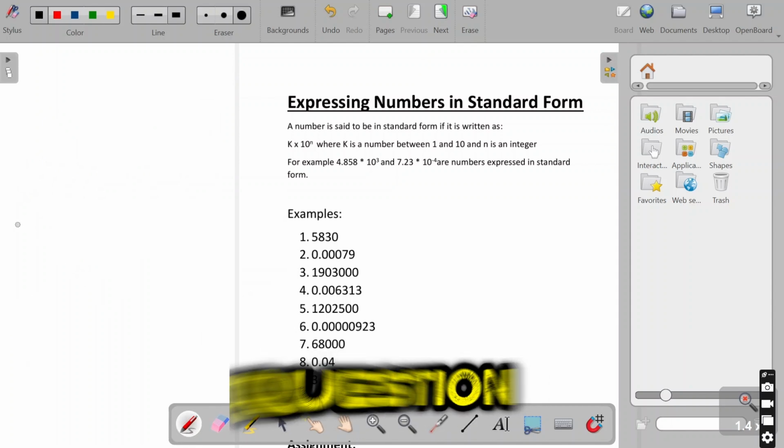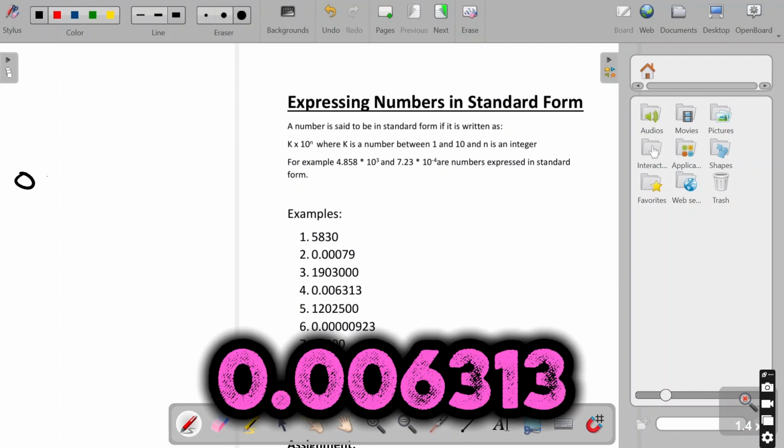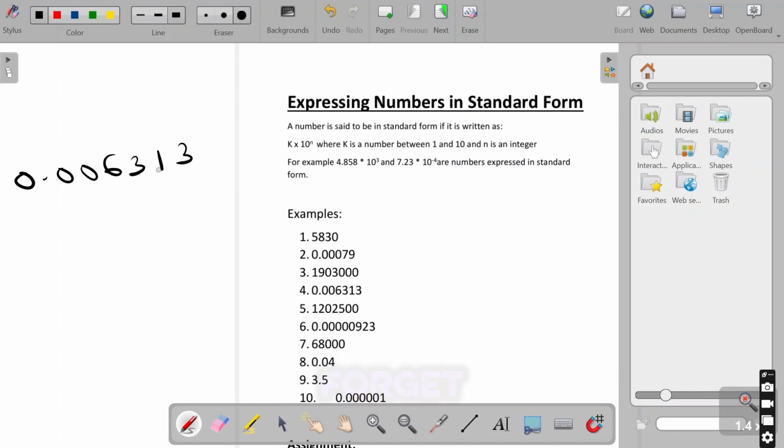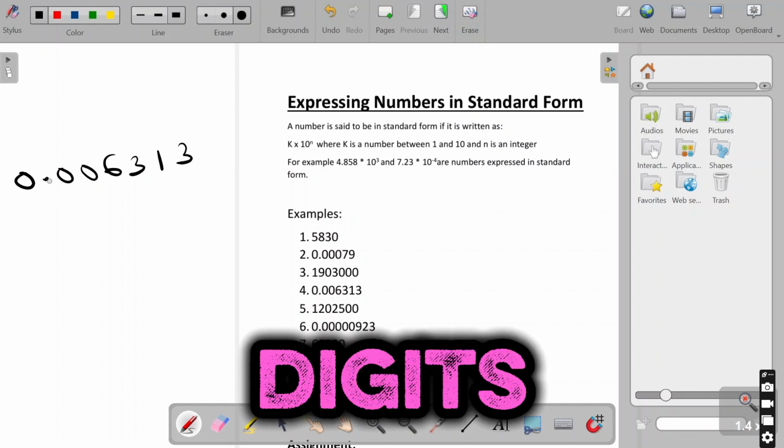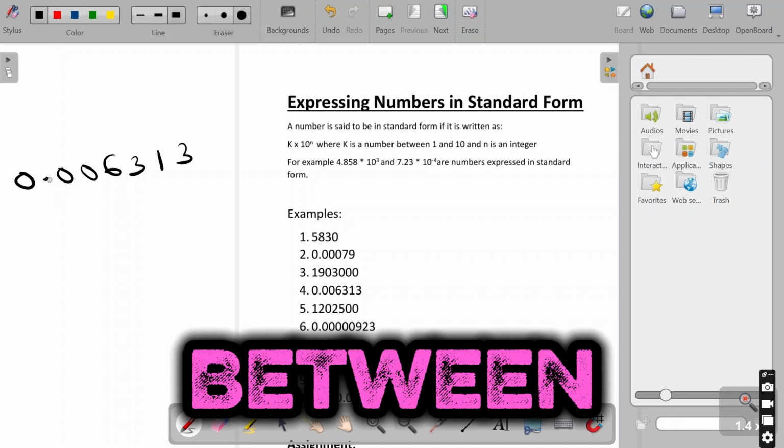The next question is 0.006313. Don't forget, the idea behind standard form is to move the decimal point so that the number is between 1 and 10.